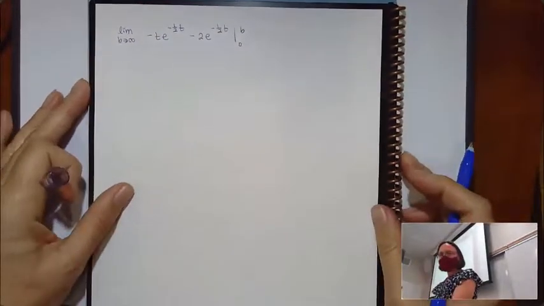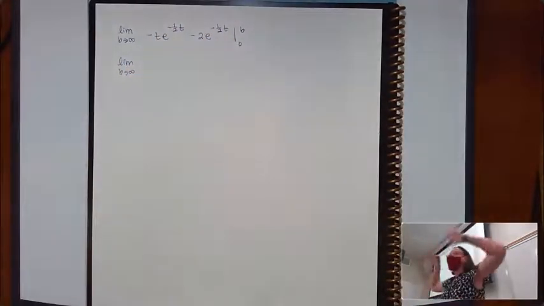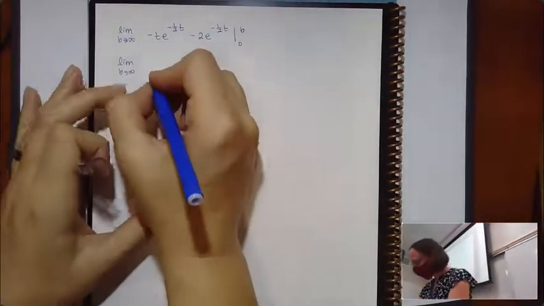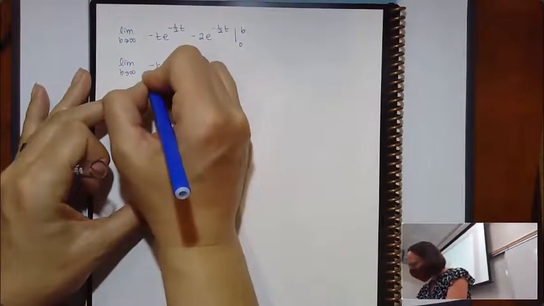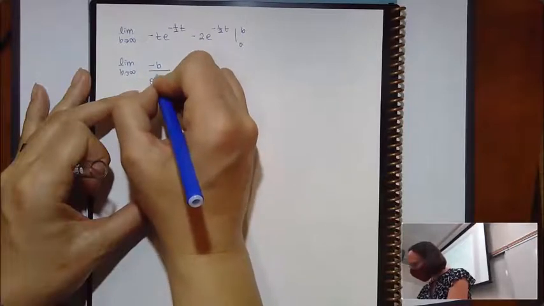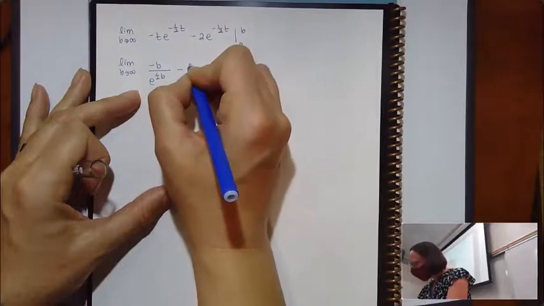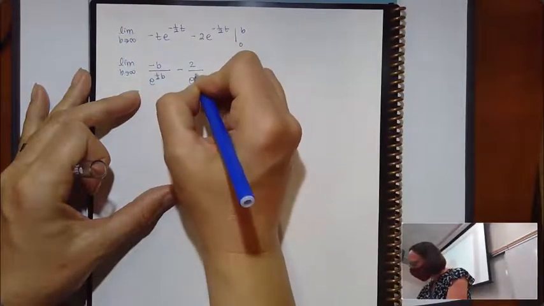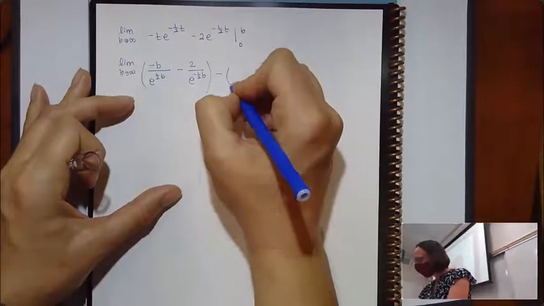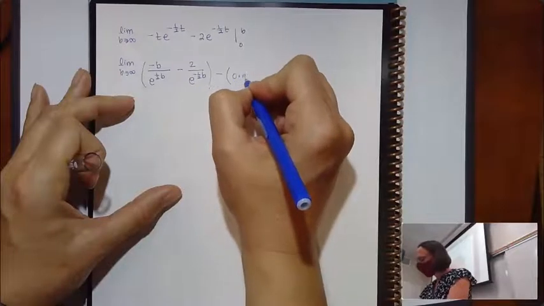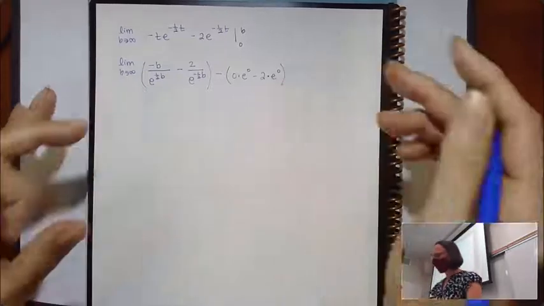Woo! We're like doing all the things in one problem. Negative b over e to the 1/2 b minus 2 over e to the negative 1/2 b minus 0 times e to the 0 minus 2 times e to the 0.